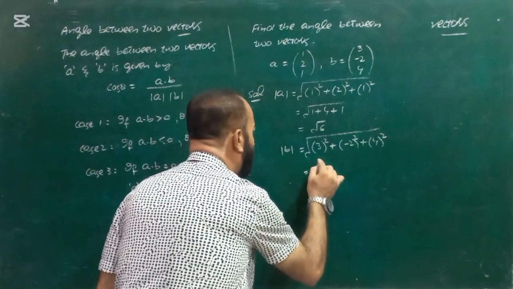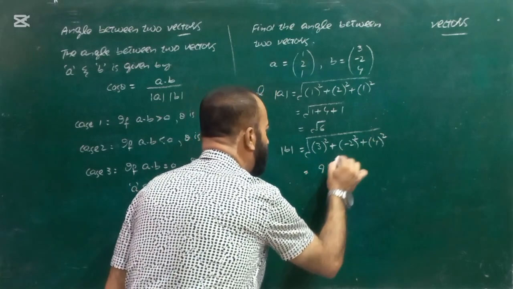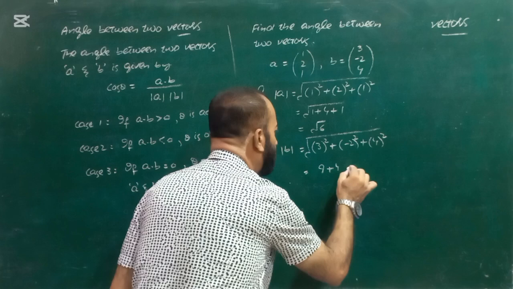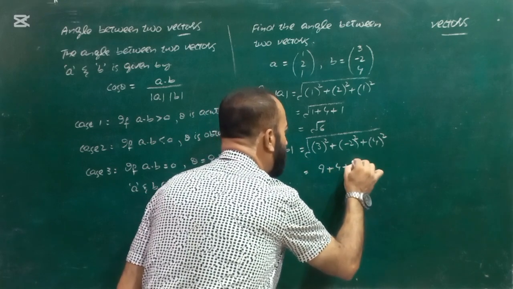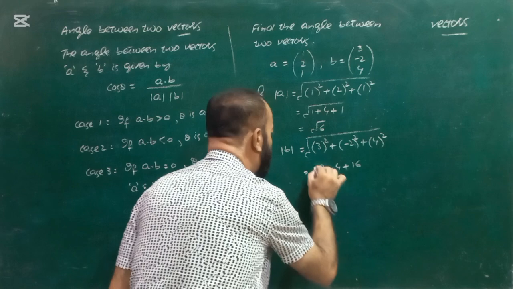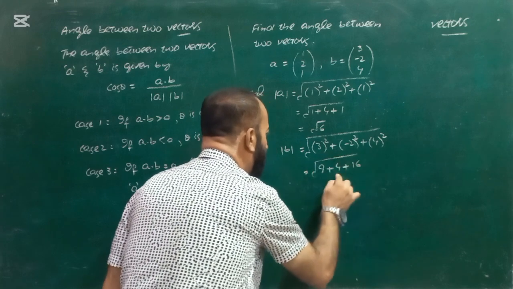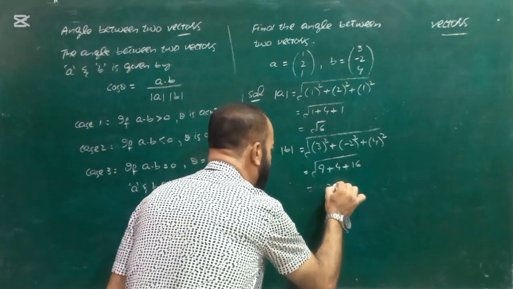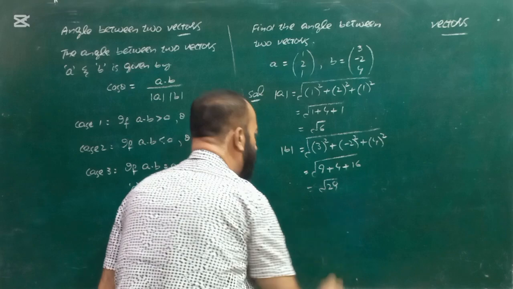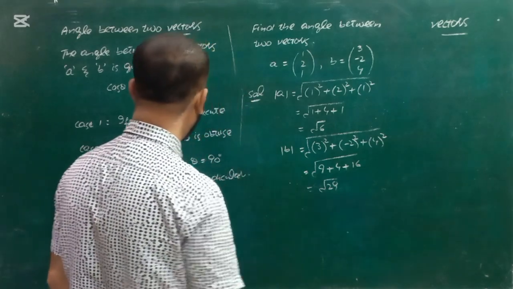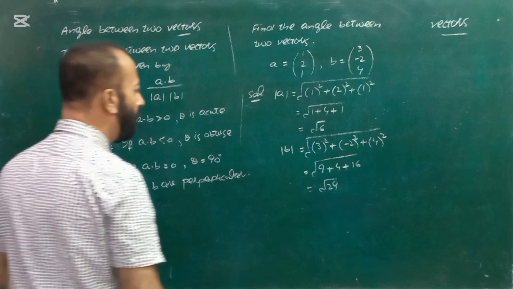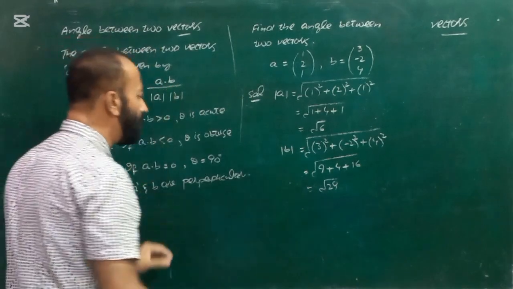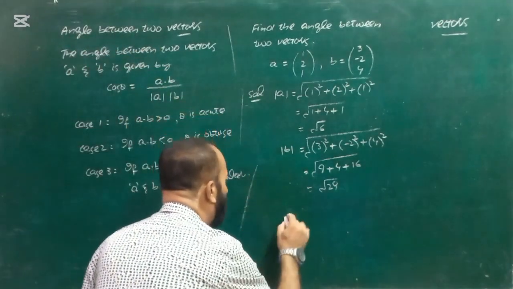So look now, 3 square is 9, minus 2 square will be 4, and 4 square is 16 whole square root. 4 plus 16 is 20, plus 9, 29. So this is the thing, and now we are able to find the cos theta. But if we first find A dot B, things will be even easier.